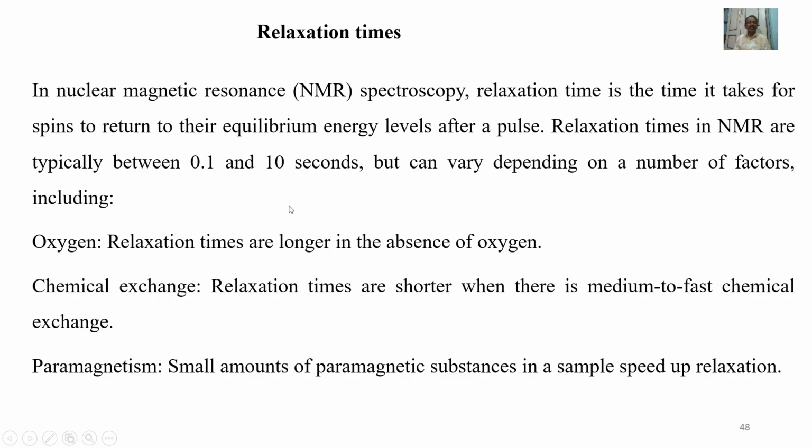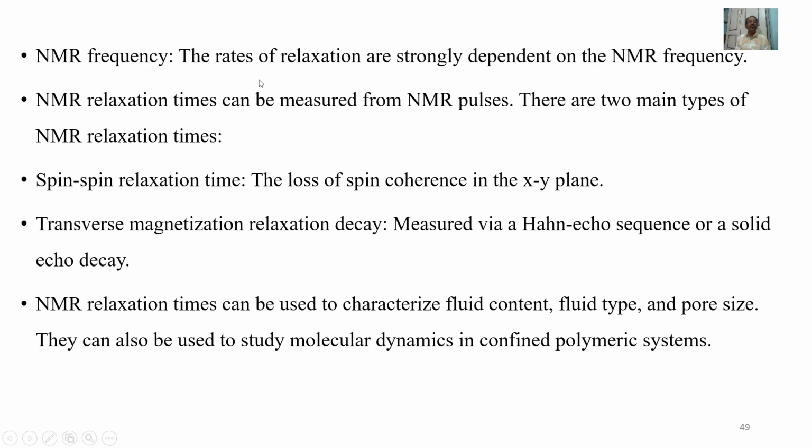Relaxation times are longer in the absence of oxygen. Chemical exchange: relaxation times are shorter when there is medium to fast chemical exchange. Paramagnetism: small amounts of paramagnetic substances in a sample speed up relaxation. NMR frequency: the rates of relaxation are strongly dependent on the NMR frequency.